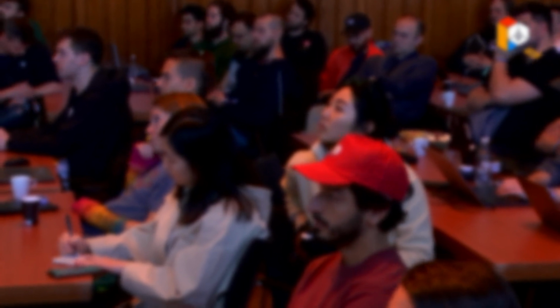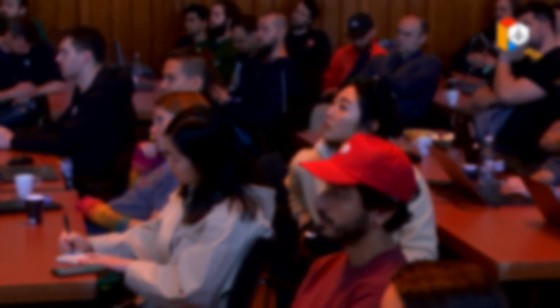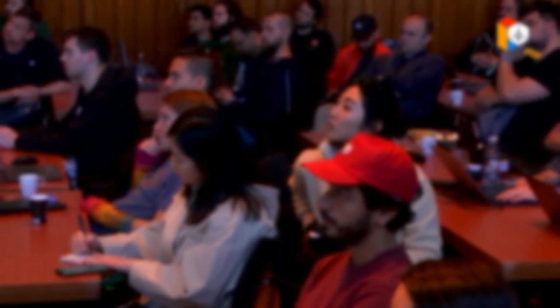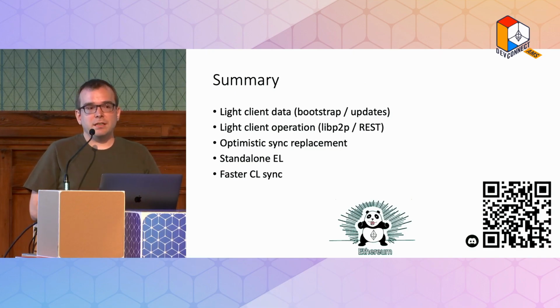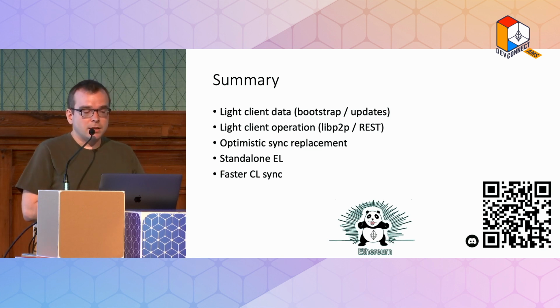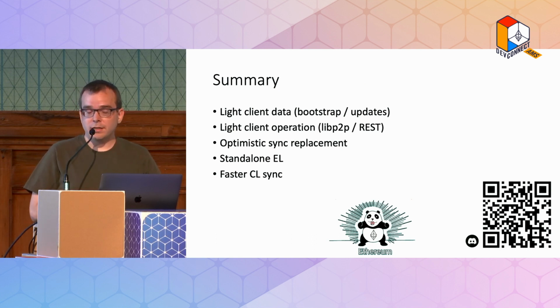So to summarize, the Light client data, these bootstraps and updates, are very small objects. Anyone can serve them. They can be put on P2P and REST. I heard there is also a JSON-RPC one from Prysm, I think. They can also be put into the Portal Network, relatively straightforward.